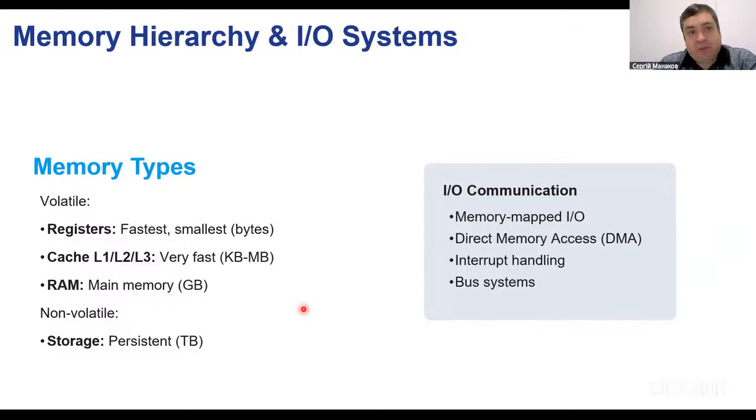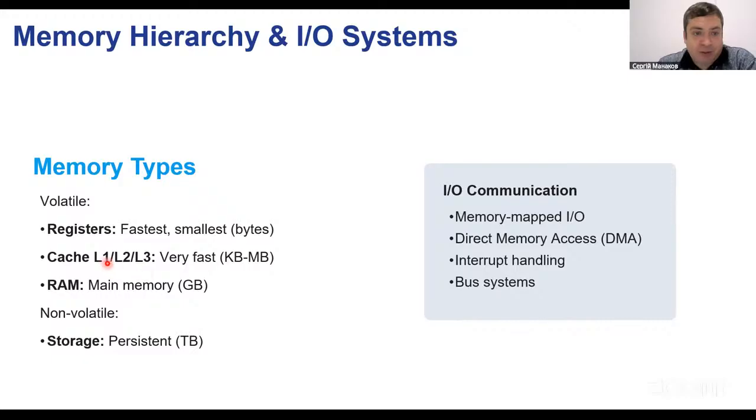So now, briefly about the memory hierarchy and the I/O systems. Memory types. We can distinguish volatile and non-volatile memories. Among the volatile ones, we have registers, which are the fastest and the smallest. Each register can be 1, 2, 4, or 8 bytes, several bytes. Then we have the cache memory. It is the fastest memory after the registers.